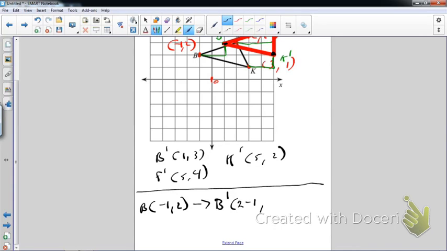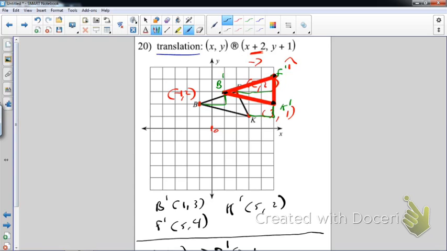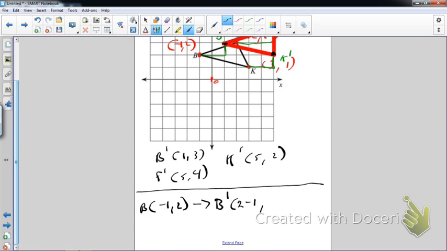And then Y, remember what we did to Y? We moved it 1 up, or we added it, so we have 1 plus 2. And B prime moved to 1, 3. And as you can see, here's B prime. And you would do the same thing for F and K. You just basically add what you know, and that's how you get F prime and K prime, okay?